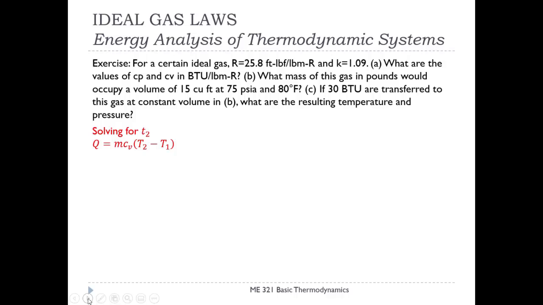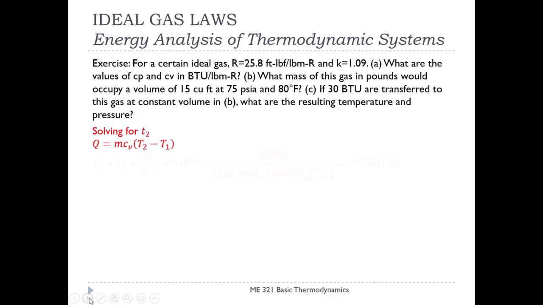Now let's proceed to finding the final temperature of the gas after the heat addition process. We can find the final temperature using the equation for the amount of heat added to the gas. Remember that the heat added was done under constant volume conditions. Therefore, the specific heat that we must use in the equation is the specific heat at constant volume.